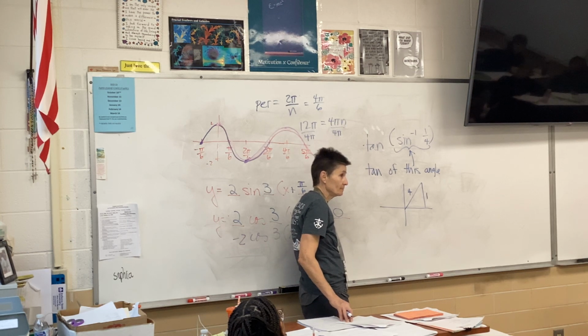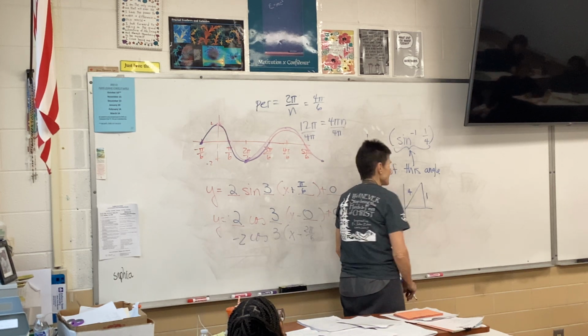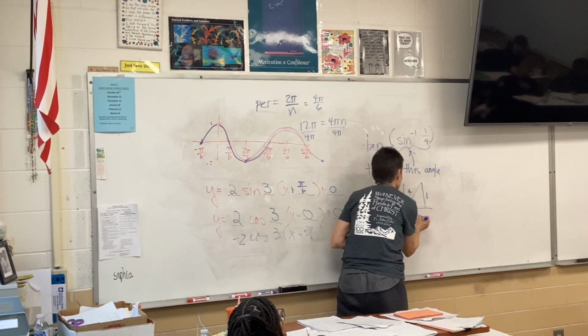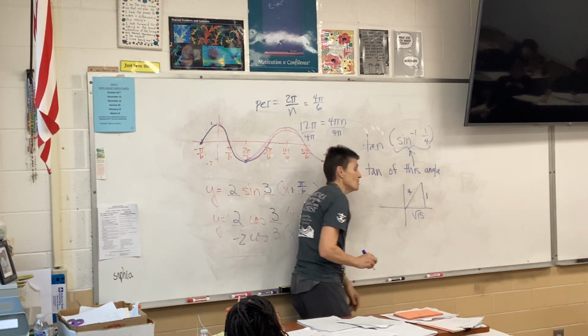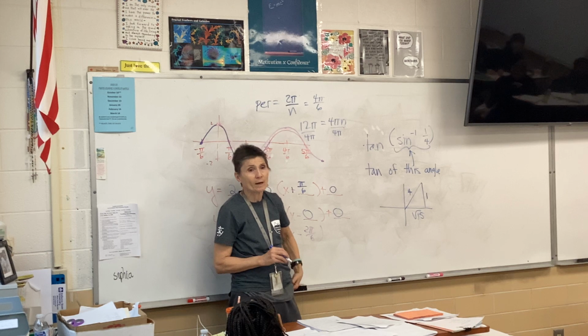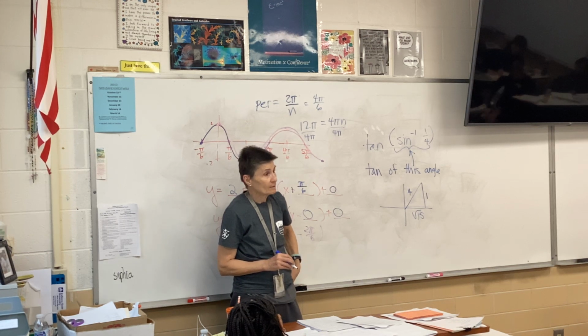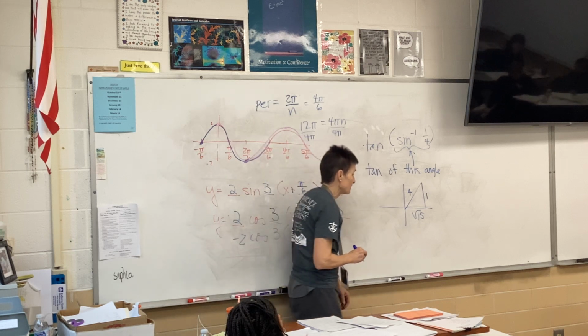Come on. Root 15. Did someone say root 2? I'm going to pretend I didn't hear that. Root 15. Your side is root 15. A squared plus B squared equals C squared. Right? So that's root 15.